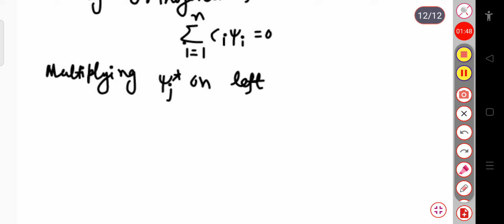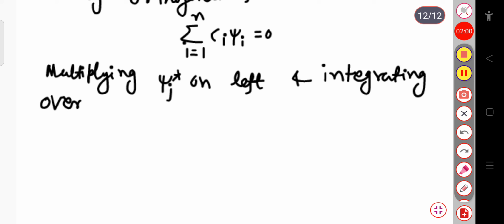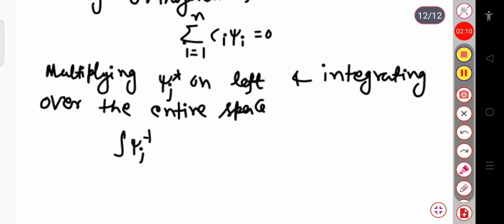So psi j star on the left, and integrating over the entire space, we can write this as the integration of psi j star into the sum over i equal to 1 to n of ci psi i, whole into dτ.